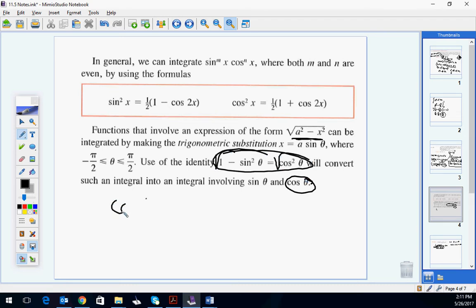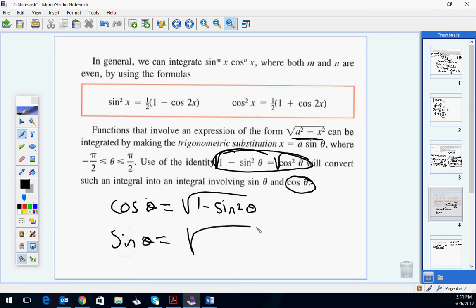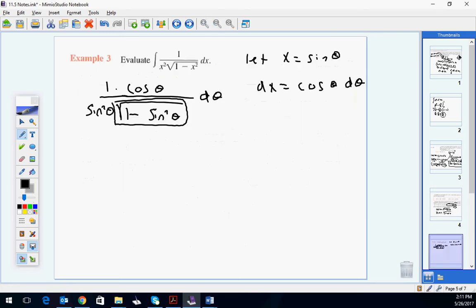So by definition, and that's what this whole thing's telling you, cosine theta is the same thing as the square root of 1 minus sine squared theta. And vice versa, sine theta is the same thing as the square root of 1 minus cosine squared theta. If we had that, we could substitute. So this, I don't want to be mean, but garbage, goes to cosine theta.